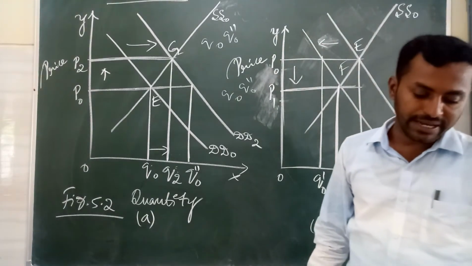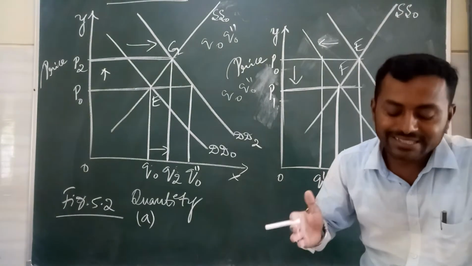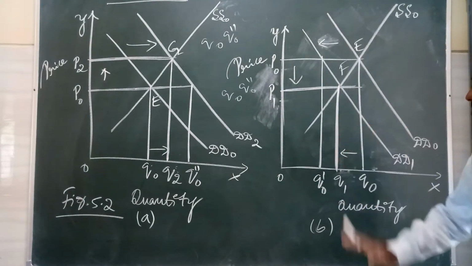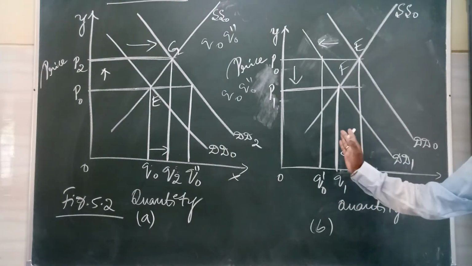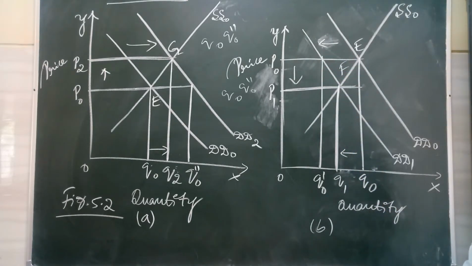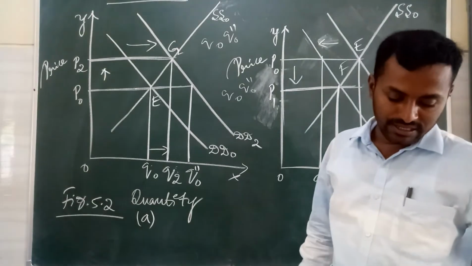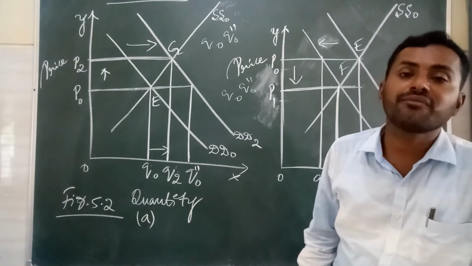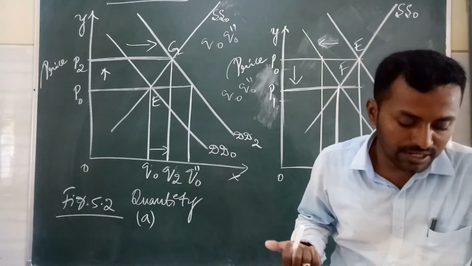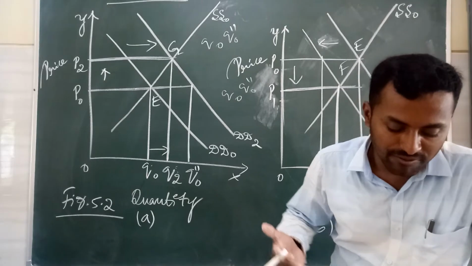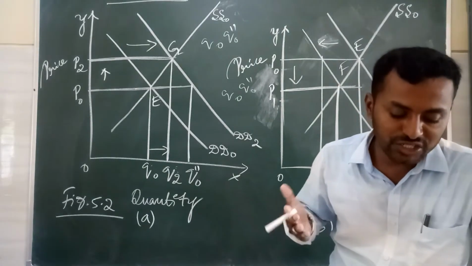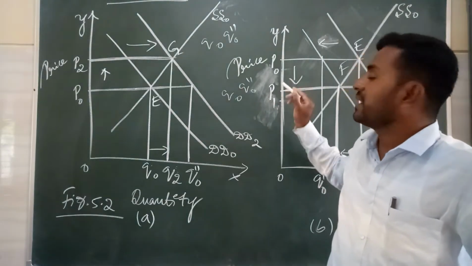As shown in panel B, at any price the quantity demanded will be less than what it was before the shift. So quantity decreases. Therefore, at the initial equilibrium price P0 there will be excess supply.